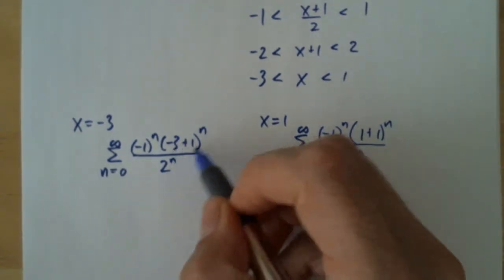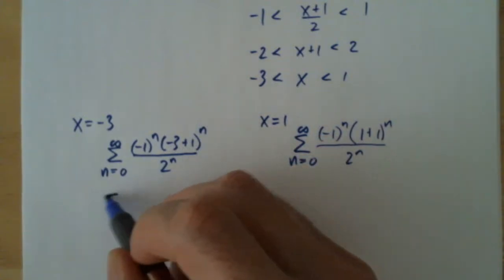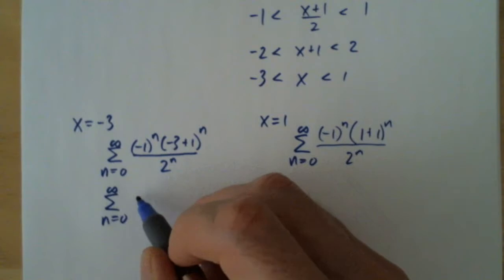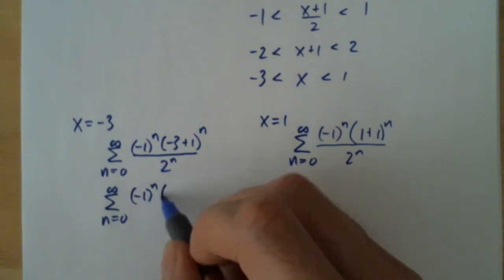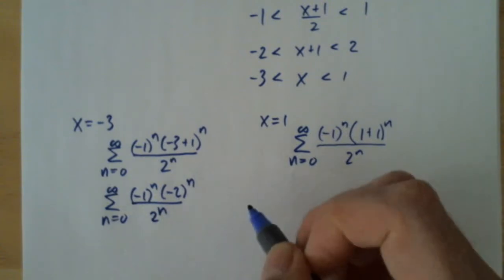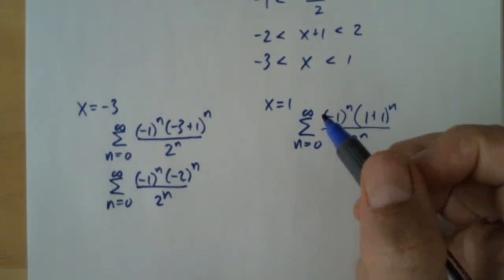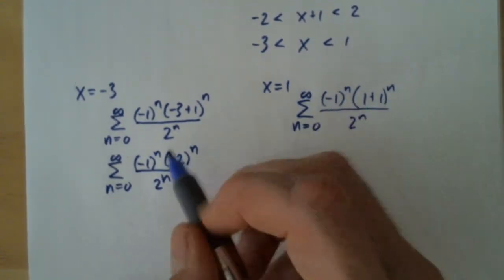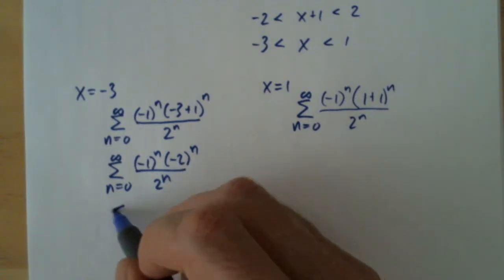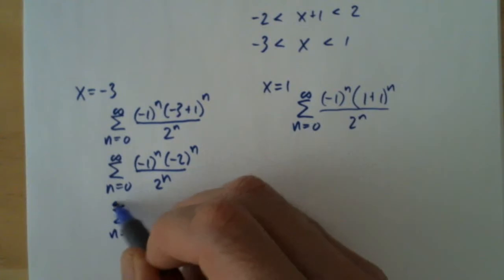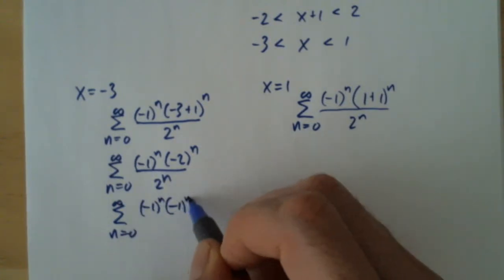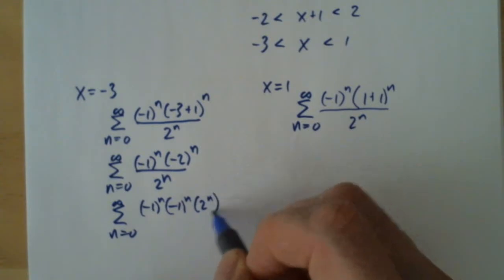Here we'll have negative 2, and we could take a negative 1 out of there, so we would have negative 1 to the n, negative 1 to the n, over 2 to the n.